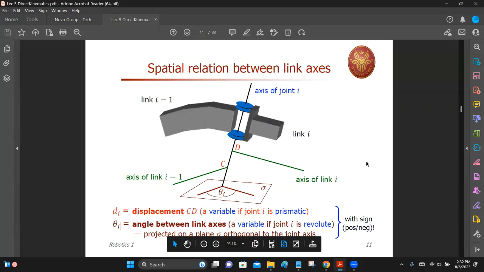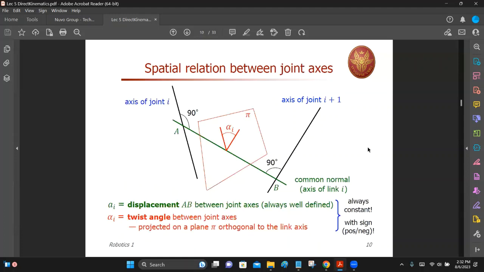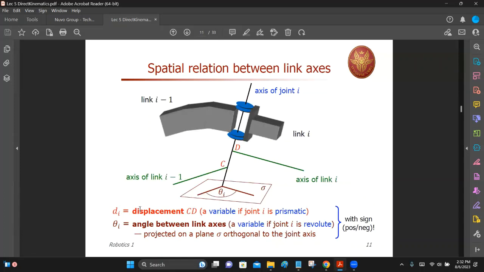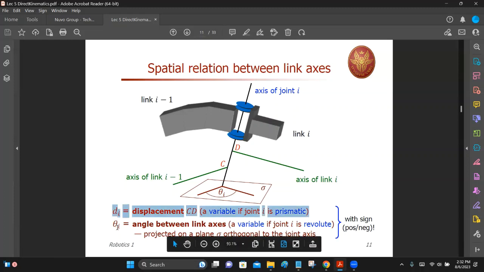So now we have four parameters. Earlier, A and alpha describe the link, right? And theta and d describe the joint.